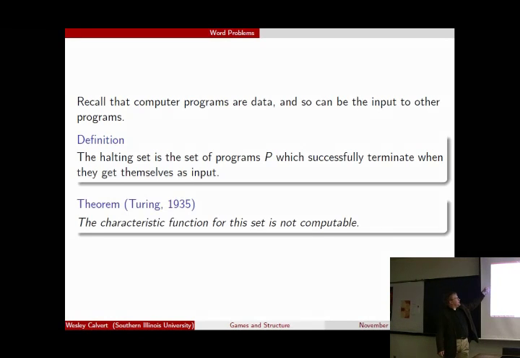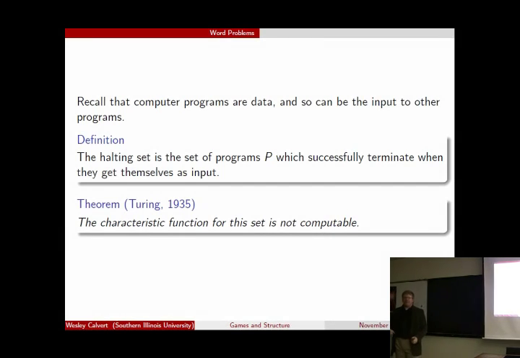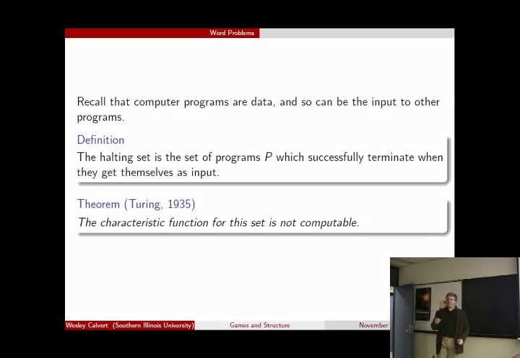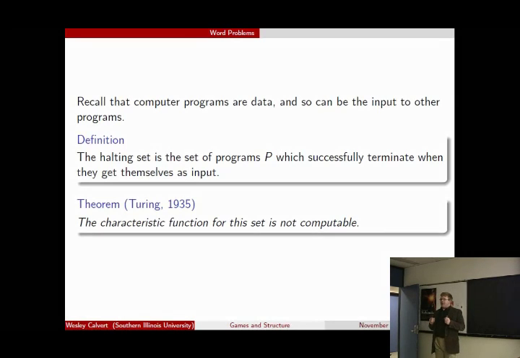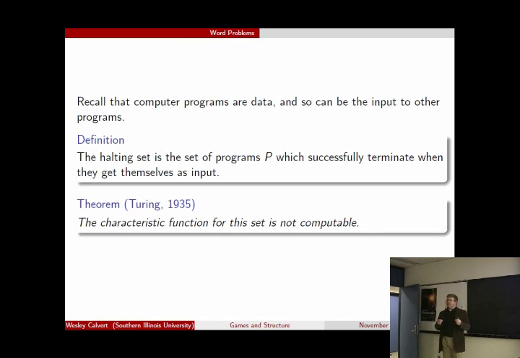And the characteristic function for that set is not computable. I sometimes call it the Microsoft Windows problem. You're using your computer, and it jams. And you wait for a little while to see, maybe if I wait a little bit, it'll resolve itself. Maybe it'll start working again.